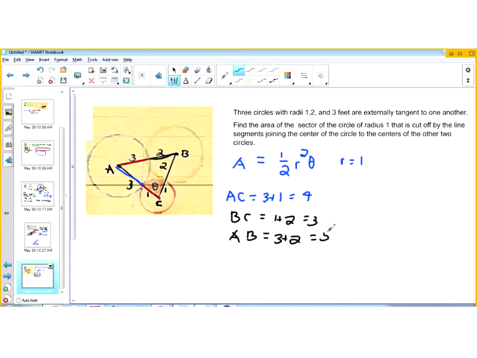So why did I do this? Well, first of all, it's the only quantities that we have, so we couldn't do any other types of calculations up until this point. But if you notice, whenever you have a 3, 4, 5 triangle, a 3, 4, 5 triangle from geometry is a right triangle.